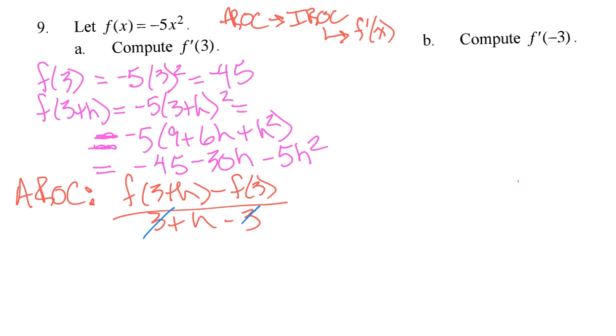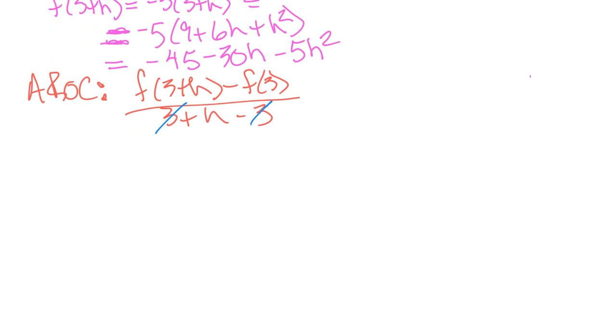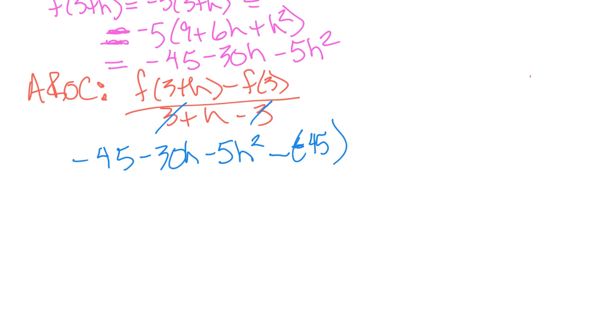And as you know, our 3's will zero out. So we're going to end up with f of 3 plus h, which is negative 45 minus 30h minus 5h squared, minus f of 3, which we evaluated to be negative 45, all over h.